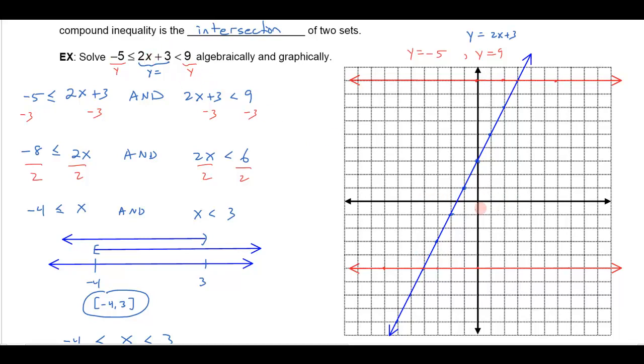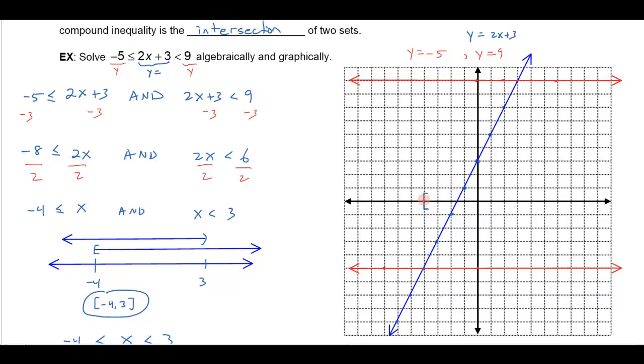So I want to look at the x's down here, and you can see that's going to correspond, right? This point of intersection is right down here. And I, in particular, want to know on this side, where is the 2x plus 3 greater than or equal to the negative 5? So that would correspond to these guys. In fact, let me go ahead and write it right on the x-axis. Okay, so that would be these guys.